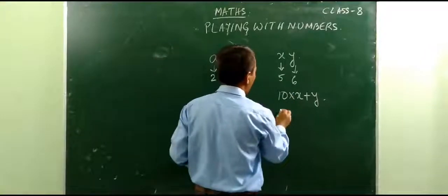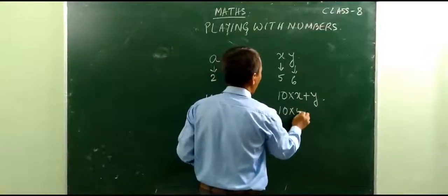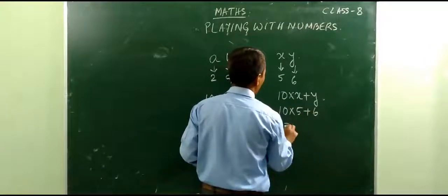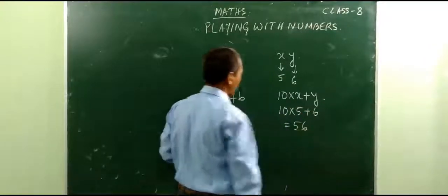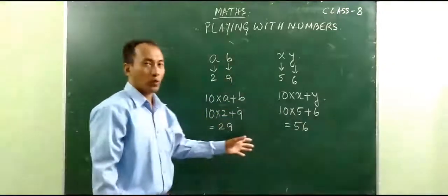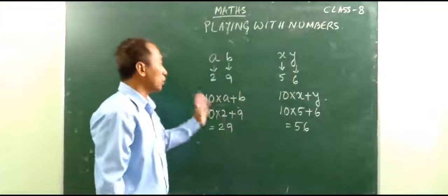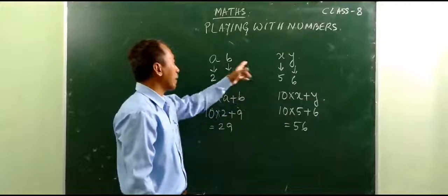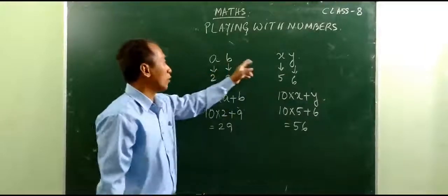Similarly, 10 into 5 plus 6, we get 56. So a 2-digit number can be expressed in alphabet form as AB or XY.